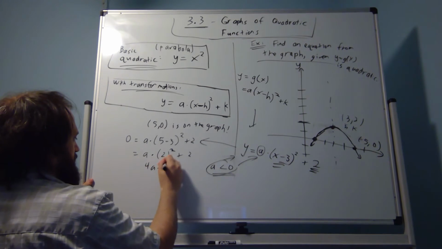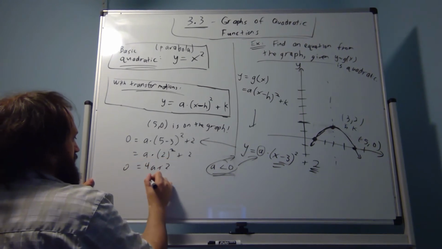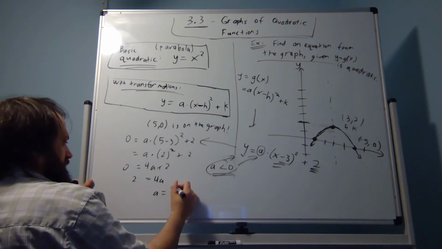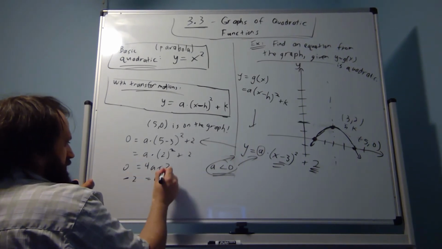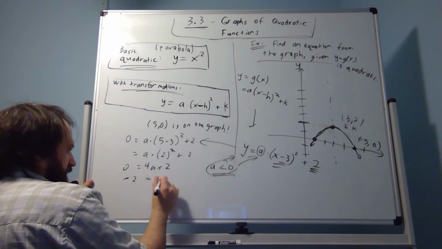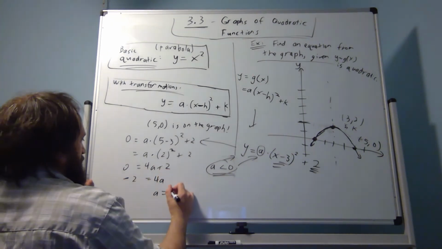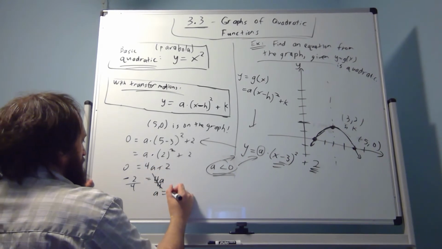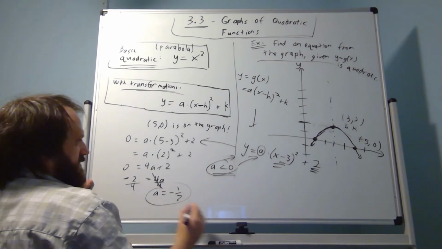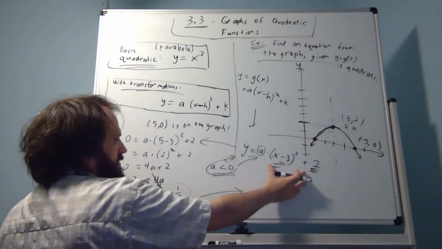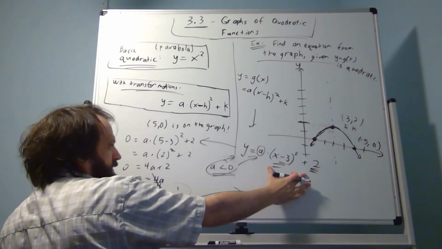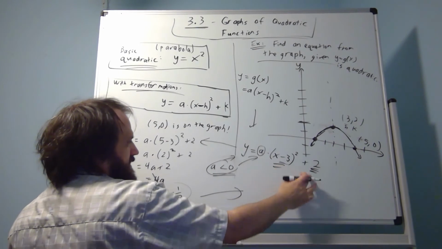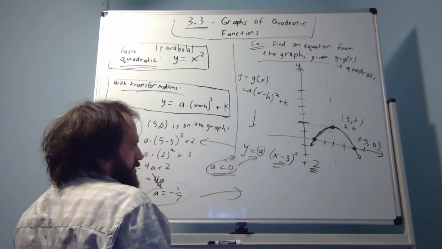So 4a plus 2 is equal to 0. I subtracted 2 from each side. So 4a is negative 2. Or, divide by 4. a is negative 1/2. So that's the form of a parabola that has vertex (3, 2).